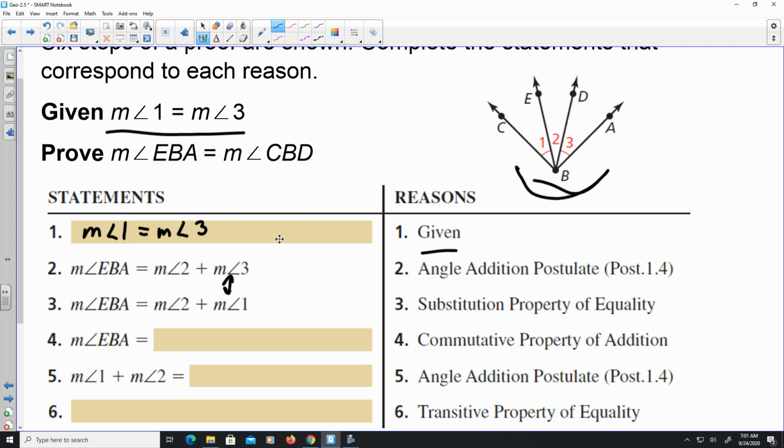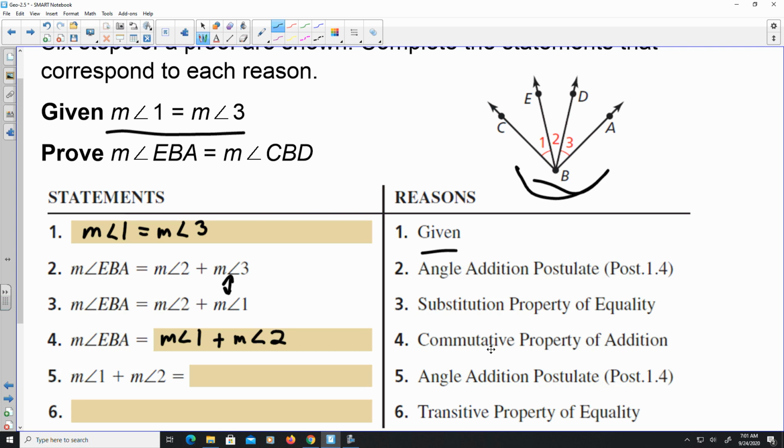Step 4 is telling us that EBA is equal to something, and the reason is the commutative property. Commutative property means you basically flip them, so it's just going to be the measurement of angle 1 plus the measurement of angle 2. Because commutative property means you can flip them around and they're still equal to the same thing.